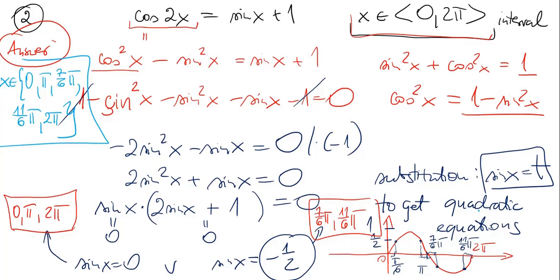Right, let's write them in increasing order. So 0, pi, 7/6 pi, 11/6 pi, and 2 pi. Right, lovely. There you go. Done. Second example, done. All right, so we can move to the third one.